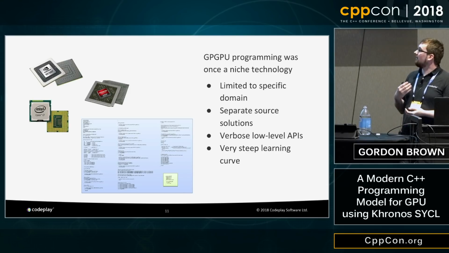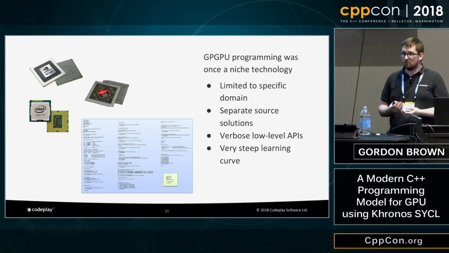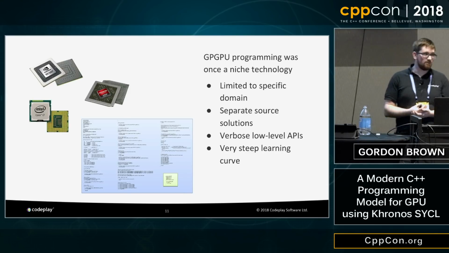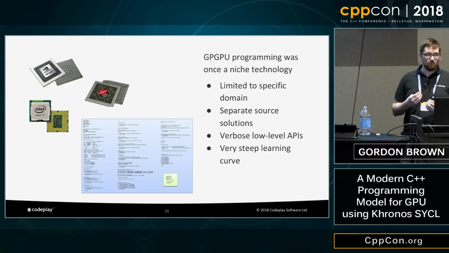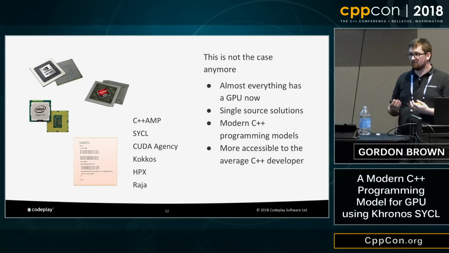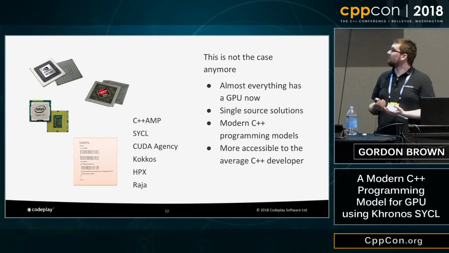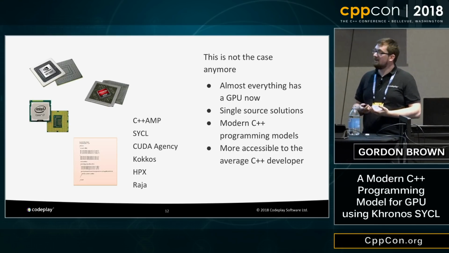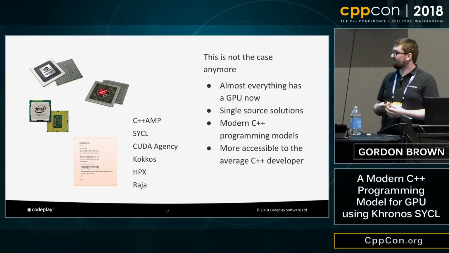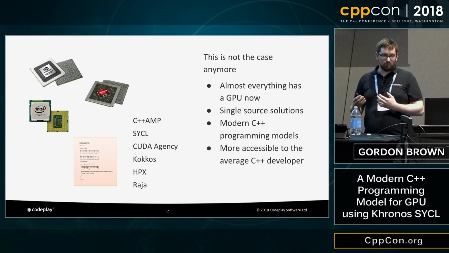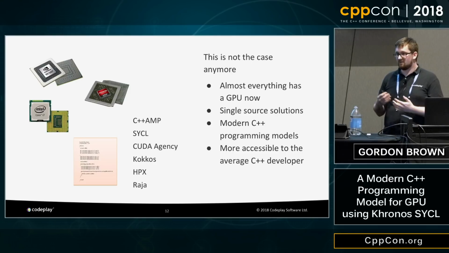There are many modern C++ programming models and languages that let you do this in a way that the average C++ developer would be more familiar with. Just to list a few, there's C++ AMP, SYCL, CUDA, Khronos, HPX, Raja. These all target different domains and do slightly different things, but they're all effectively doing the same thing.